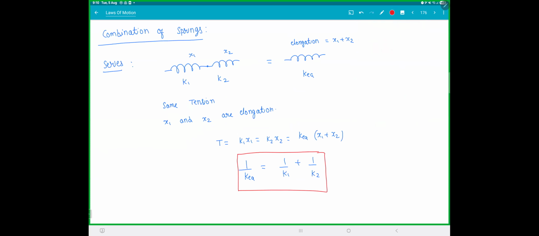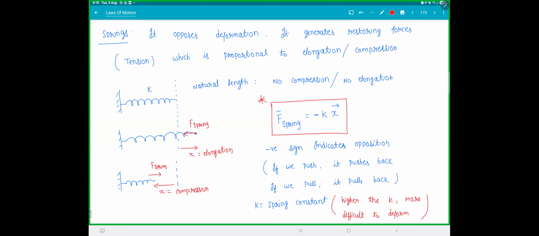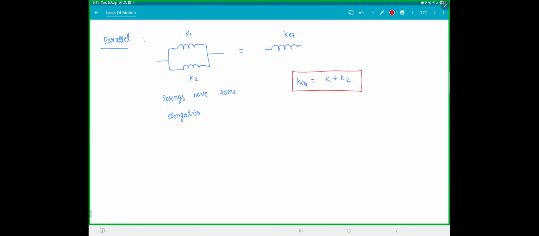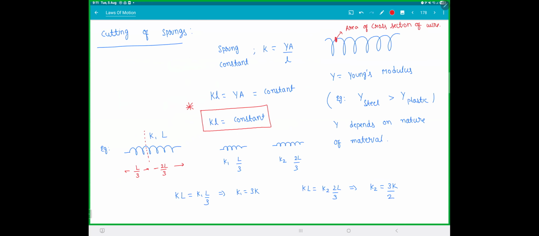Series and parallel. This much stuff you should know. Total 4 formulas, everyone. Springs: F is equal to minus Kx. Springs in series, 1 by K equivalent is 1 by K1 plus 1 by K2. Springs in parallel, K1 plus K2. When you cut a spring, K into L is constant. These are your 4 results. Any doubts on any particular part here? Please ask me.